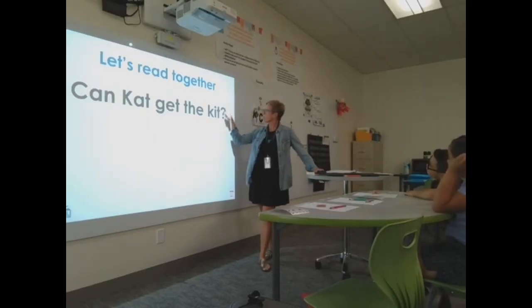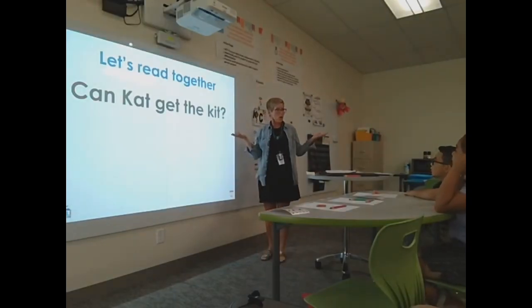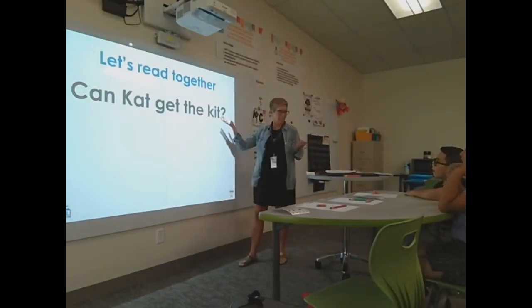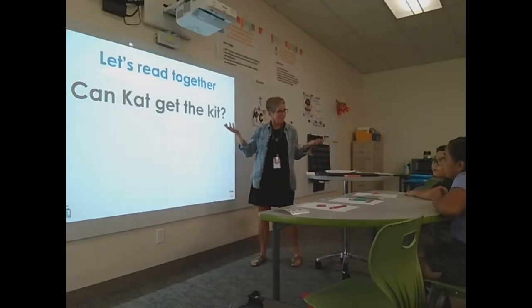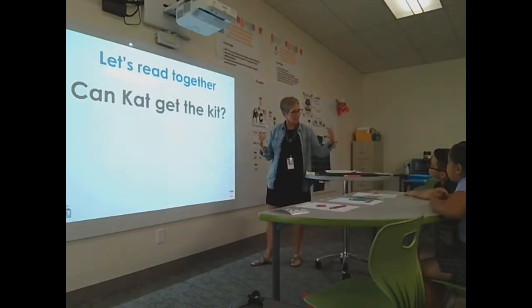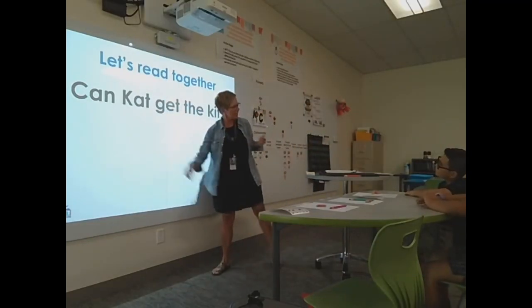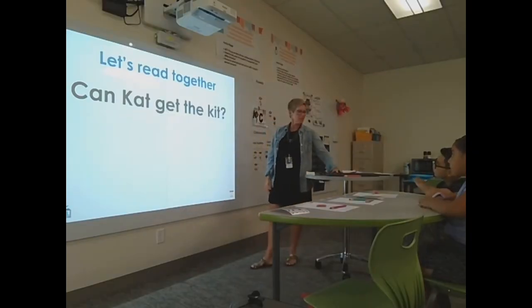Zaira, why did the author put this question mark here? Because it's a question. They're asking a question. Can cat get the kit? Yeah. So you noticed it the second time. Can cat, it would be a person. Can cat get the kit? But the author wanted it to be read like a question.